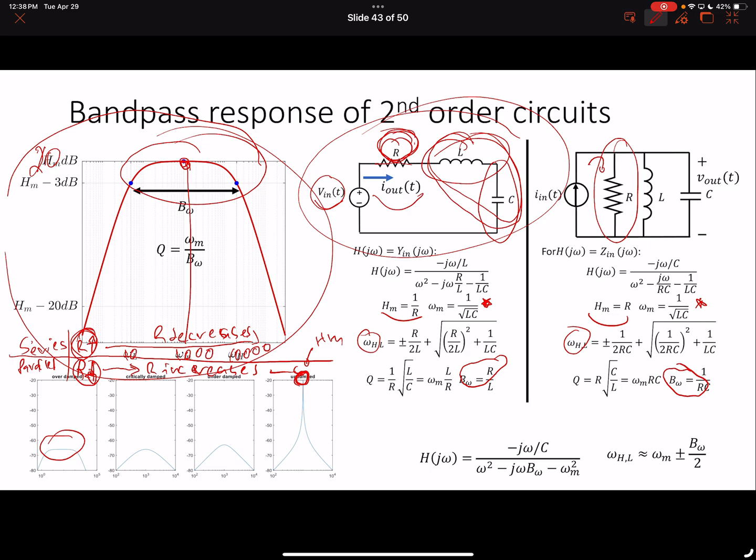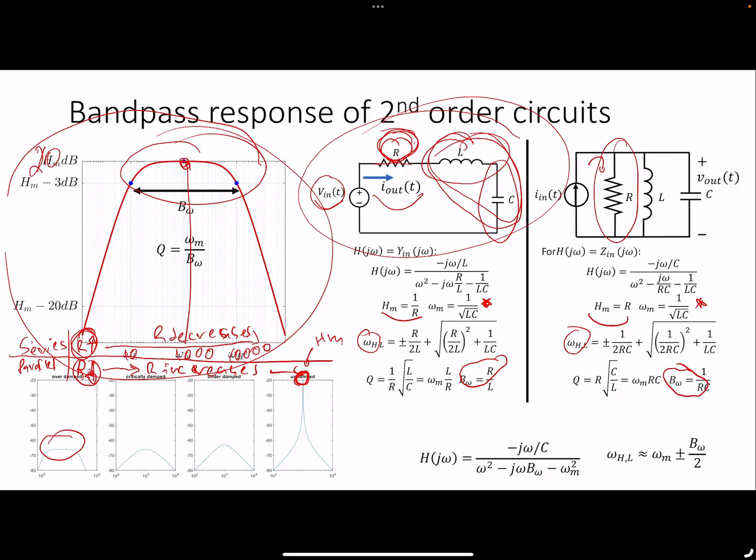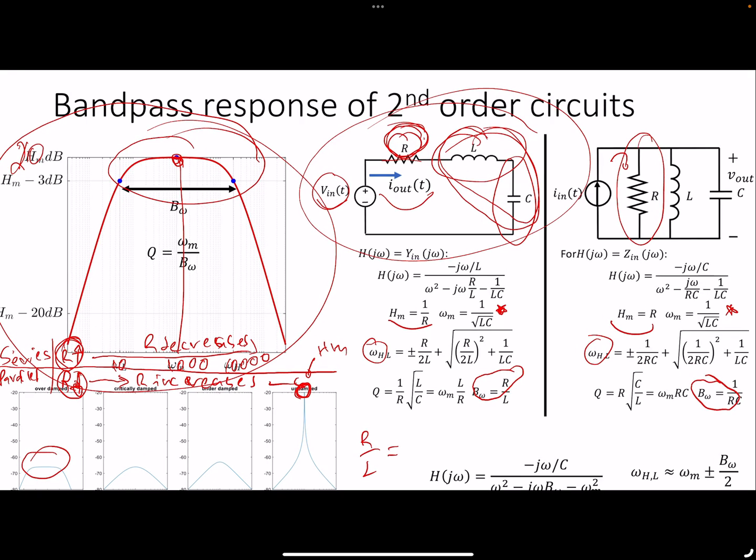So then you're going to know that basically R over L is equal to 10 to the 4 minus 10. You also know that 1 over the square root of LC is equal to 1,000. And then from the 20 decibels, well, in linear scale, this is 10.